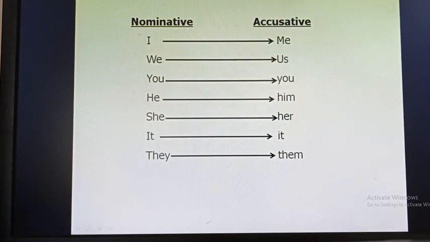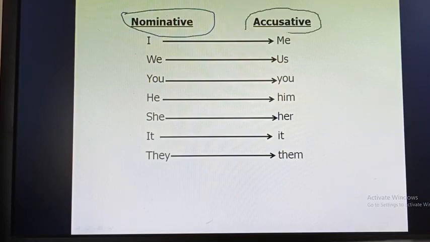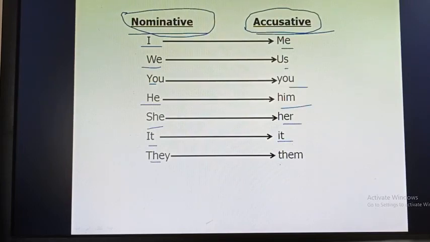Here you can see I have written at the top nominative, but you need not remember all this. You just see it. So, nominative and accusative. See the pronouns. These are the pronouns: I, we, you, he, she, it, and they. On the right side, me, us, you, him, her, it, and them.